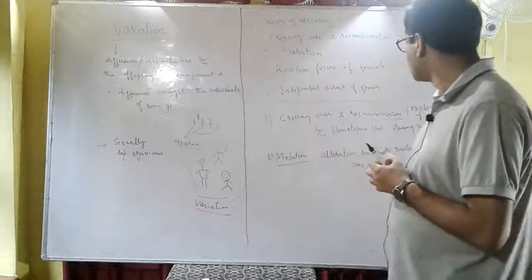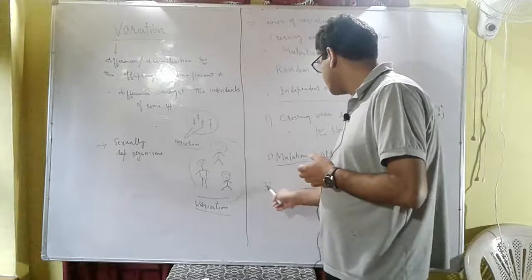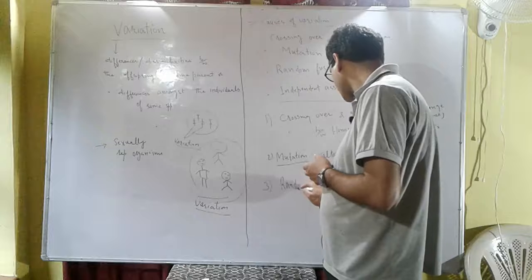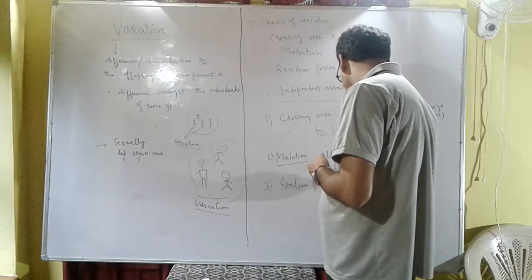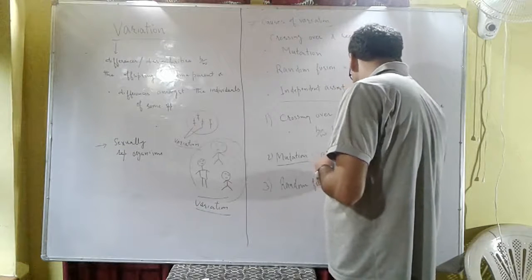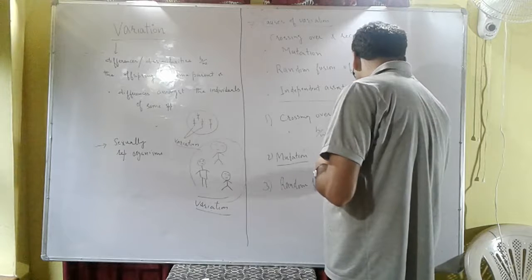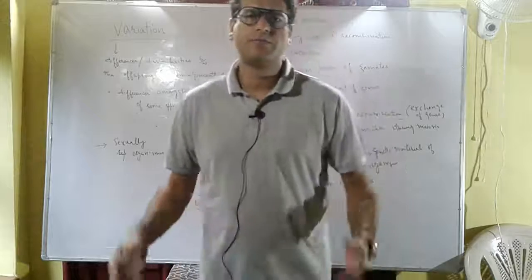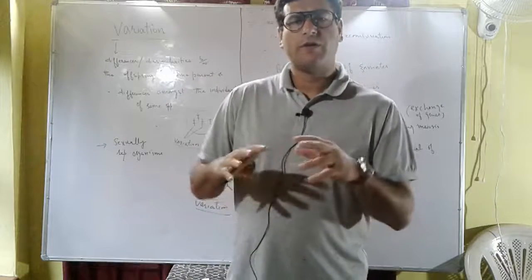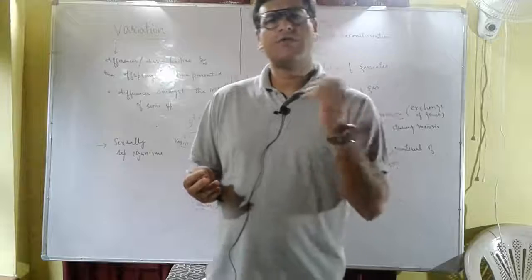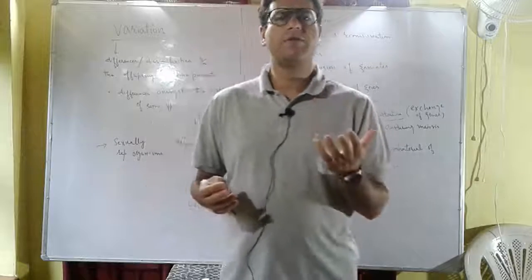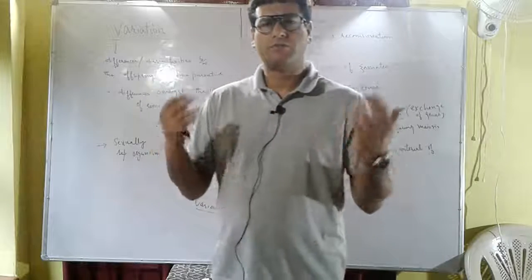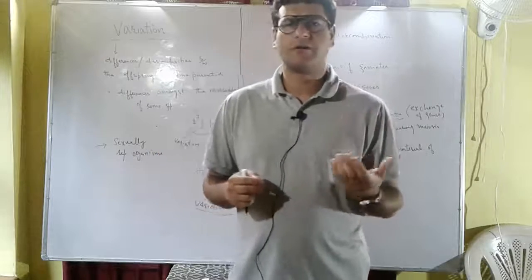Then we have another, third, random fusion of gametes. Random fusion of gametes simply means it is a matter of chance which male gamete will fuse to which female gamete, and this is called random fertilization.